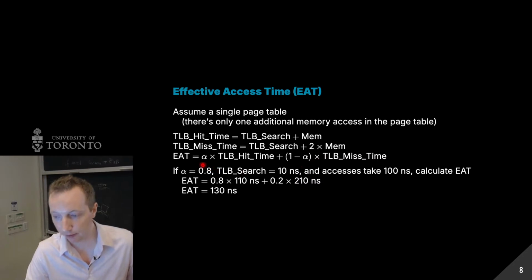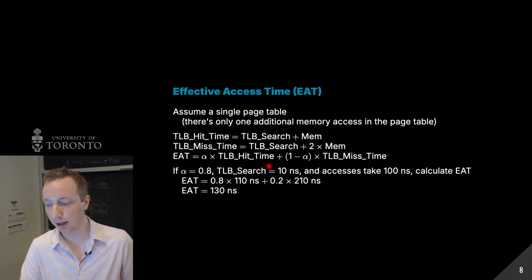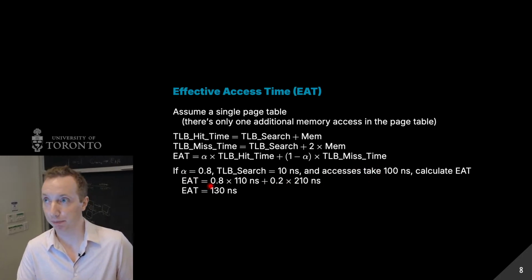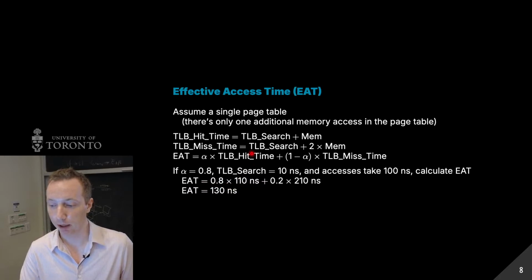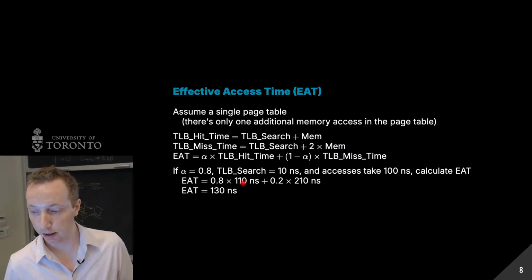So for instance, if you hit 80% of the time and it takes 10 nanoseconds to search the TLB, and normal memory accesses take 100 nanoseconds, our effective access time would just be 80% of the time we have to search and then do the memory access. So 80% of the time it takes 110 nanoseconds.